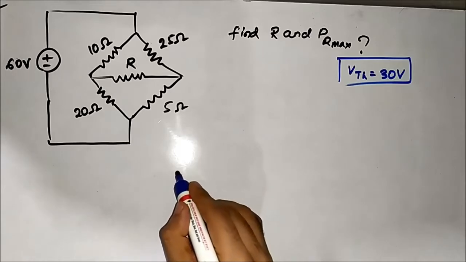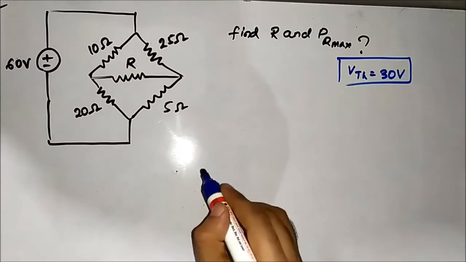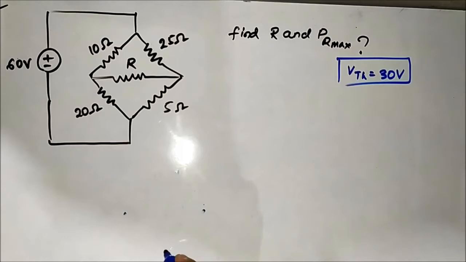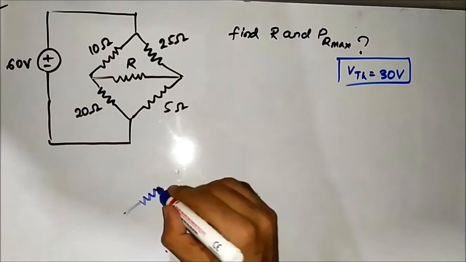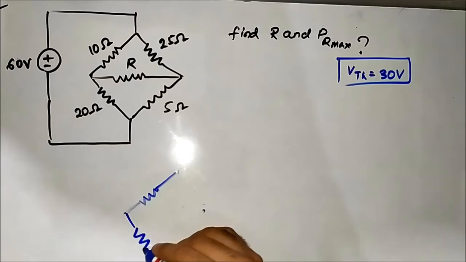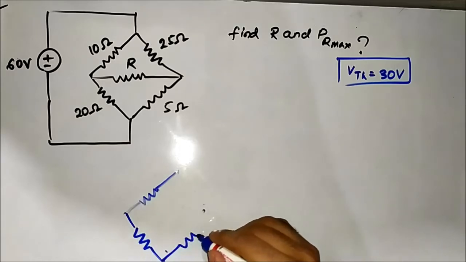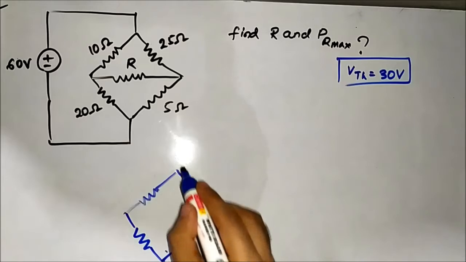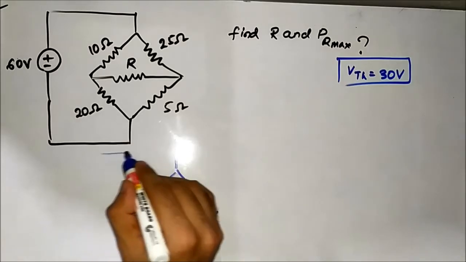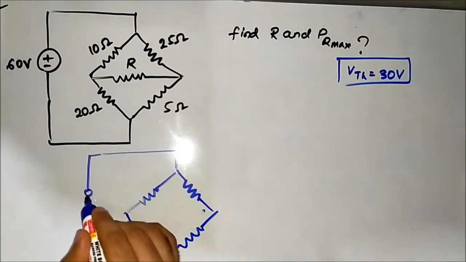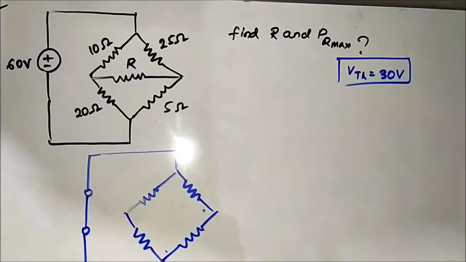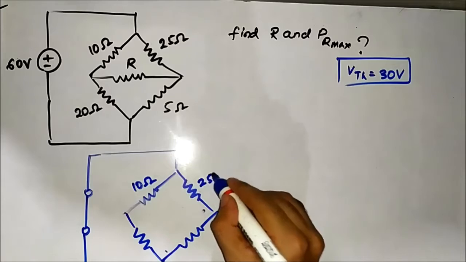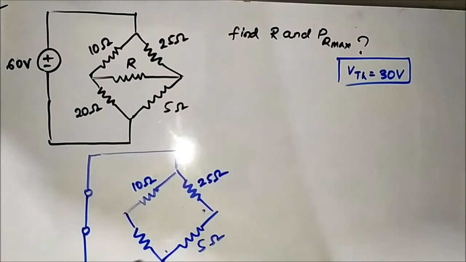So the circuit will look something like this. Okay. 10 ohm, 25 ohm, 5 ohm, 20 ohm.